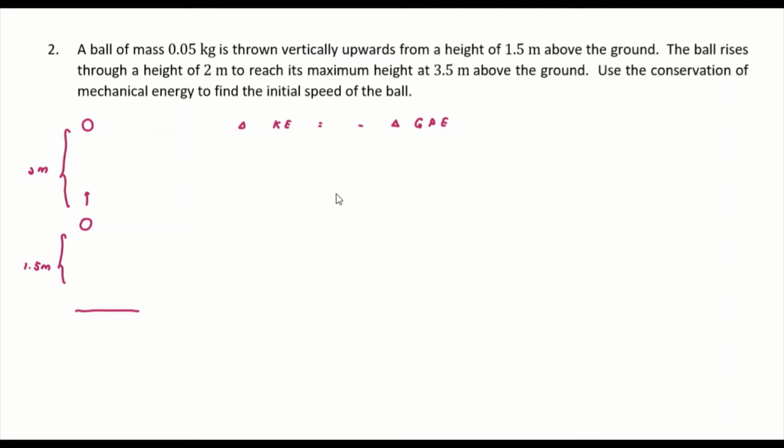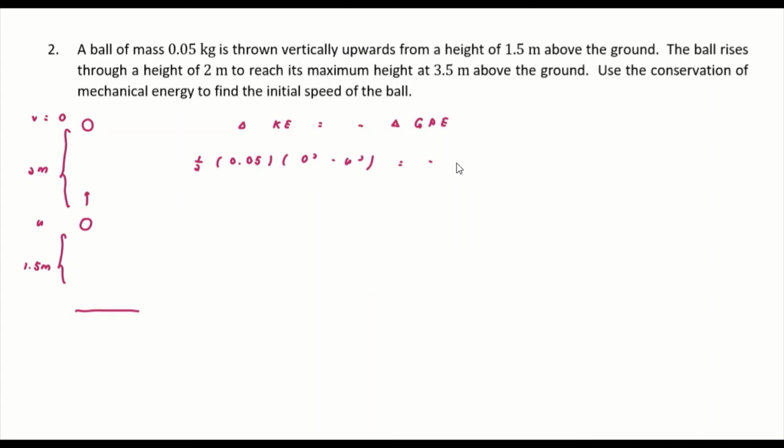We want to find the initial speed, so this is the u that we want to find. At the maximum height the final velocity is 0. So the change in kinetic energy is half m, where m is 0.05, times 0 squared minus u squared, equal to the change in GPE.